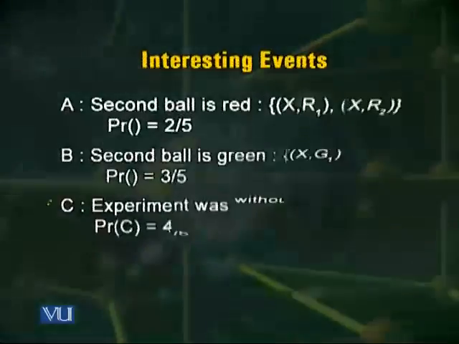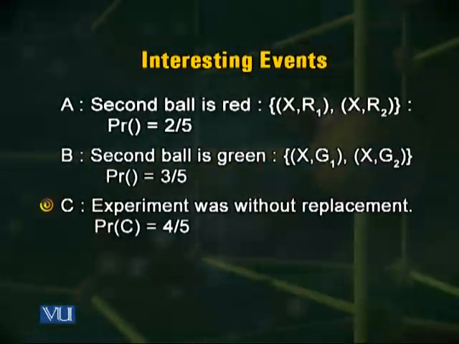If you apply the formula of conditional probability, find the intersection region of the two events, that is, the second ball being green combined with the experiment being performed without replacement, you can count the number of places and find the probability of the intersection region. You have already found the probability of C, which is 20 over 25, or 4 over 5. You find that these probabilities are again the same.